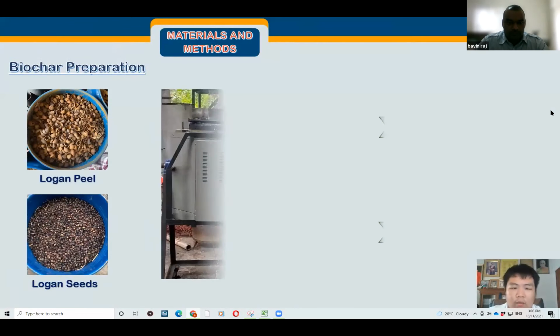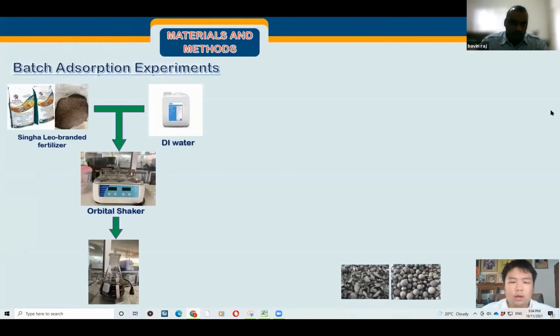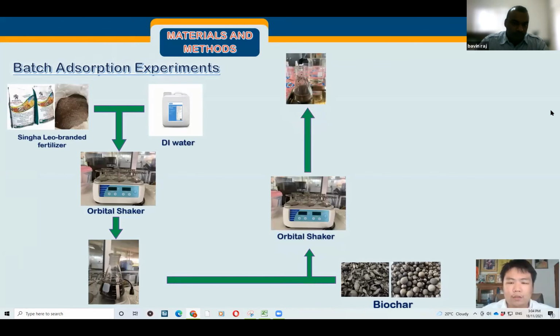Material and method. The raw material is longan residue from seed and peel. Both materials were subjected to pyrolysis at 300 Celsius for 4 hours with a heat rate of 5 Celsius per minute, and dried in a hot air oven at 105 Celsius for 24 hours, and then used to determine pH and EC. The heavy metal solution was made from single black fertilizer mixed with DI water.